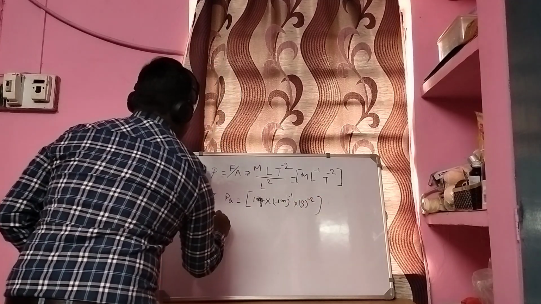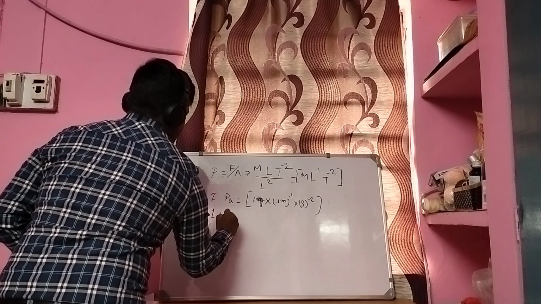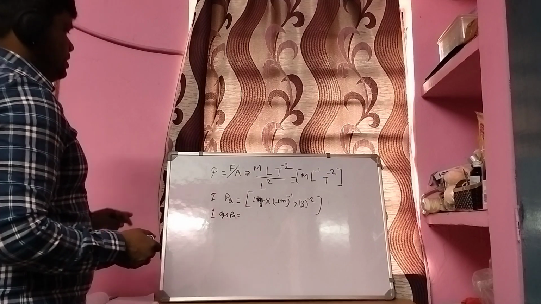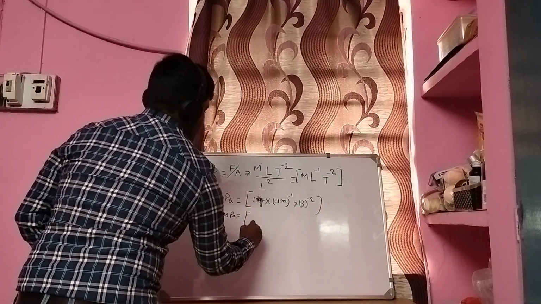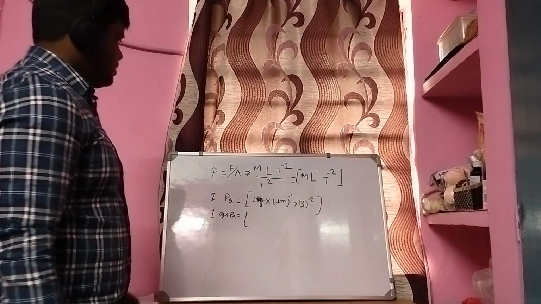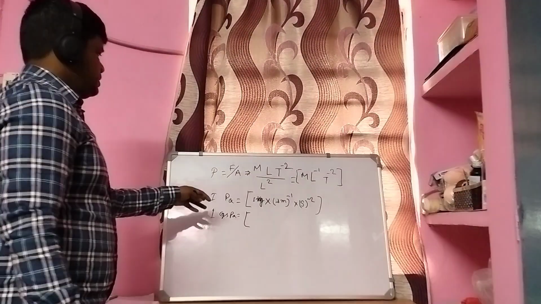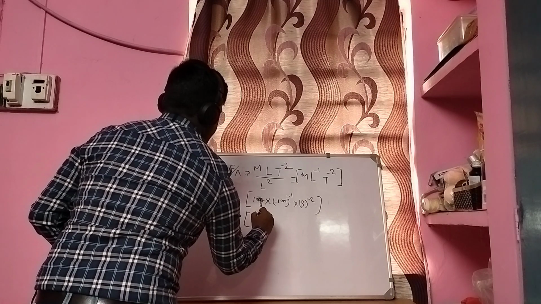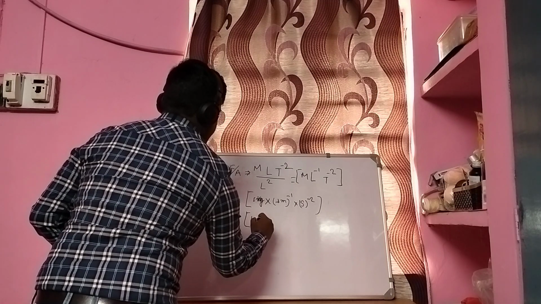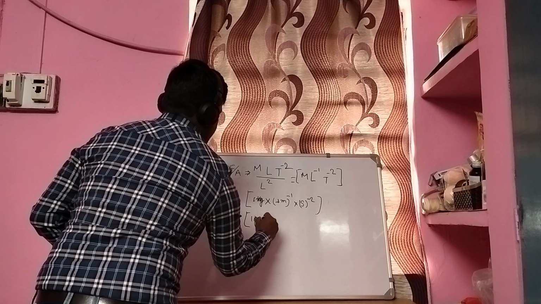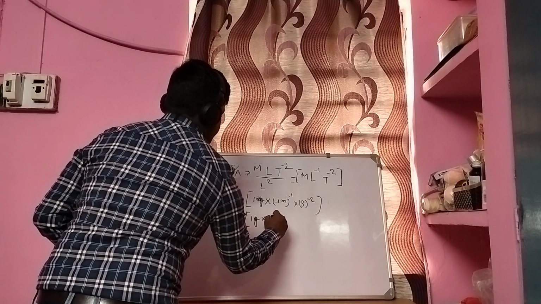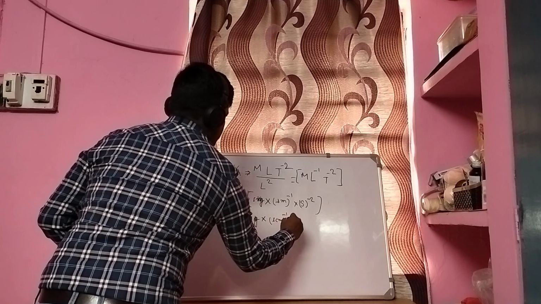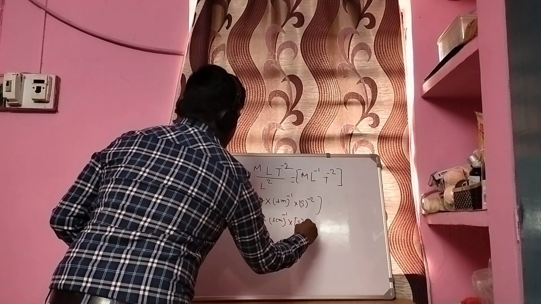And I have 1 CGS pressure, which may be written in terms of CGS units. In CGS, kg is written in terms of grams, so 1 gram, 1 centimeter to the power minus 1, into second to the power minus 2.